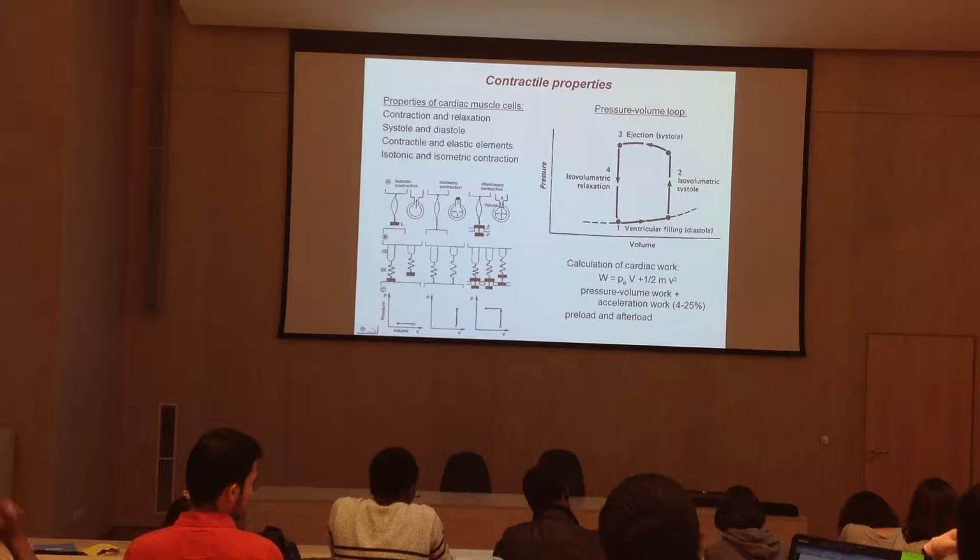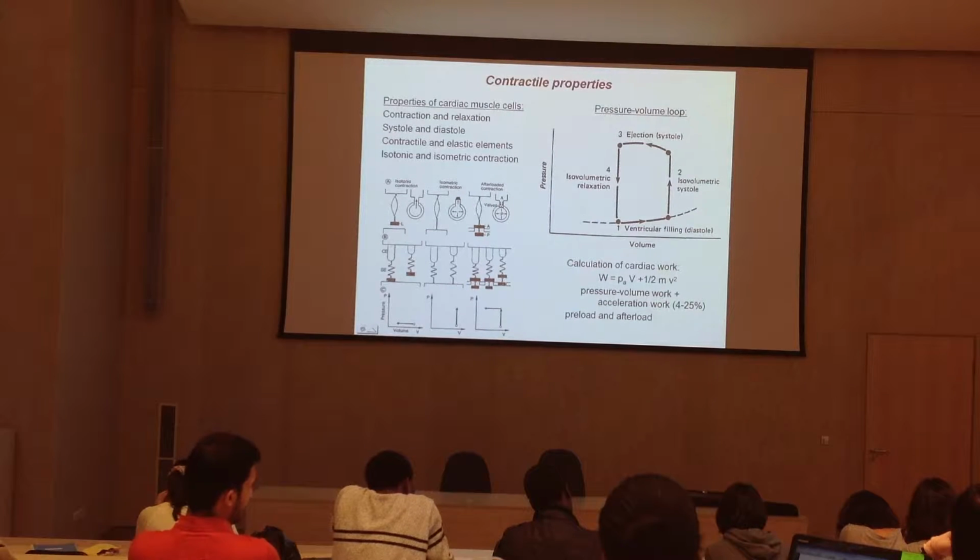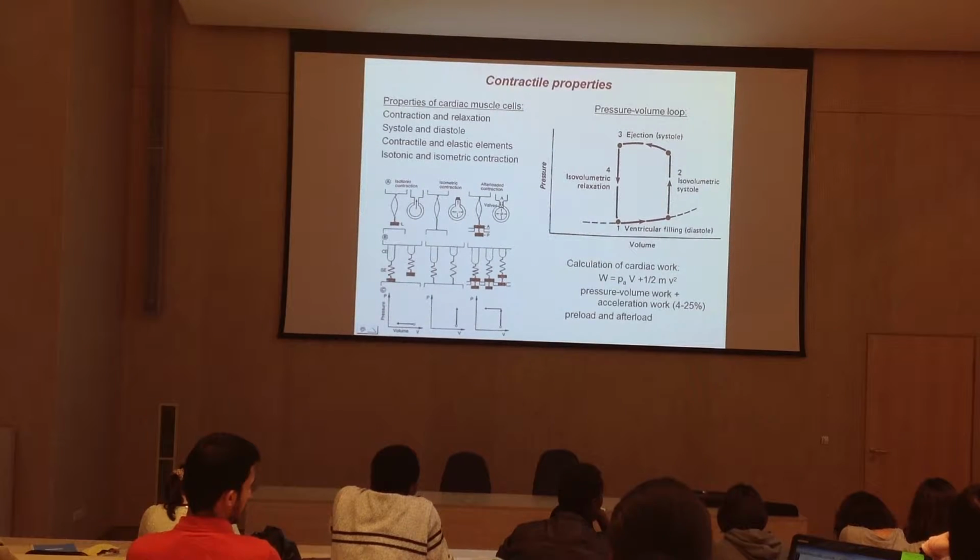But if the venous return is larger, not 70 milliliter will arrive to the ventricle, but 140 milliliter, 2 times larger amount. In this case, the pressure volume work has to be 2 times larger to be able to eject the whole 140 milliliter against the same pressure.